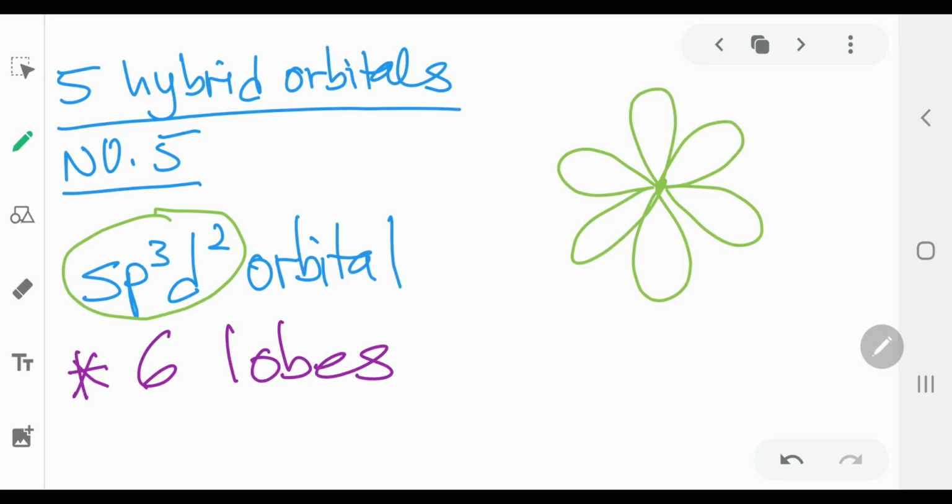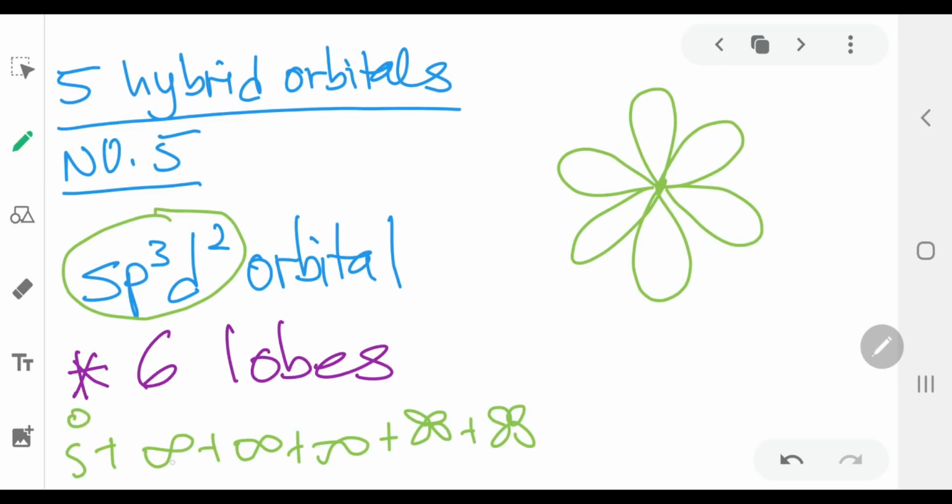SP3D2 hybrid orbitals. So you have 1 s orbital mixed with 3 pure p orbitals mixed with 2 d orbitals. So you have s over here, p, p, p, d, and d.